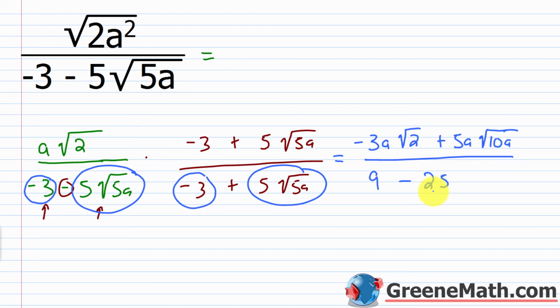So you get 25 times 5, or 125, and then a. Now, can I simplify that any further? No. These are not like terms, right? 9 is not a like term with negative 125a. Can't do anything further. So my simplified answer here is negative 3a times the square root of 2 plus 5a times the square root of 10a over 9 minus 125a.